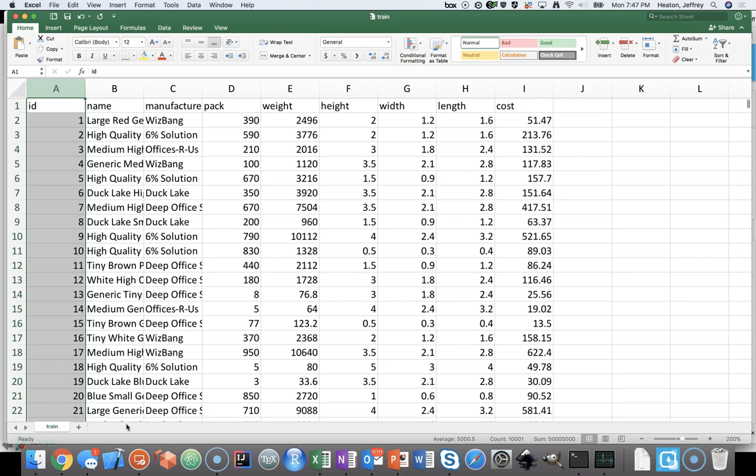And sometimes people find it by mistake. There was a Kaggle competition called Santa's Helpers, where you're trying to find the optimal route for Santa's sleigh to deliver all the presents.